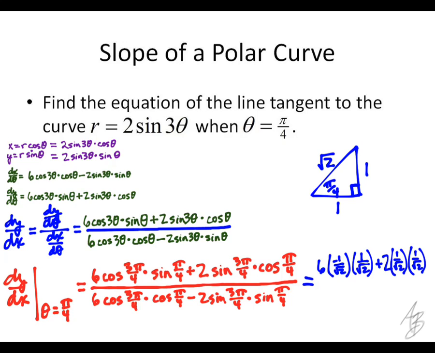And then on the bottom, we're going to have 6 times the cosine of 3 pi over 4. Cosine of 3 pi over 4 was what? Negative 1 over square root of 2 times the cosine of pi over 4, 1 over square root of 2, minus 2 times 1 over square root of 2.